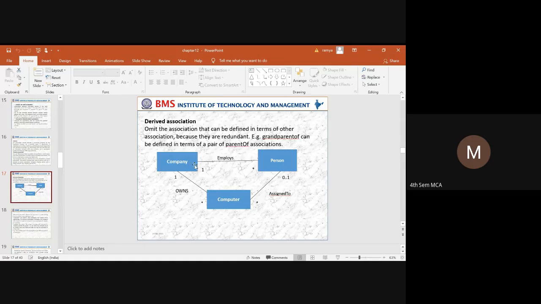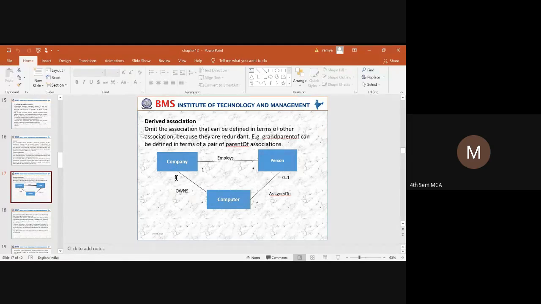That means employs is an association between a company and a person. So company owns a computer is an association. Owns is an association that is given from company to computer.